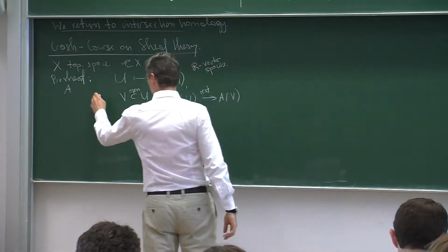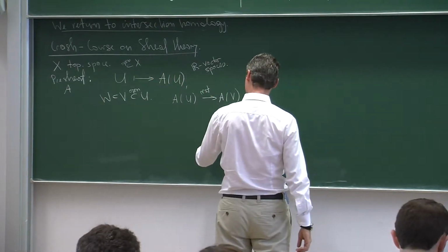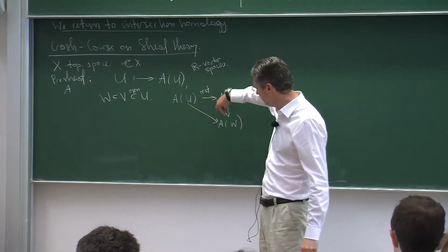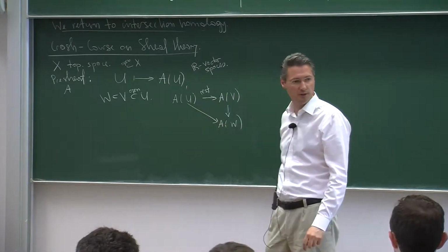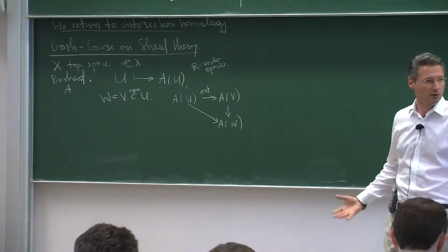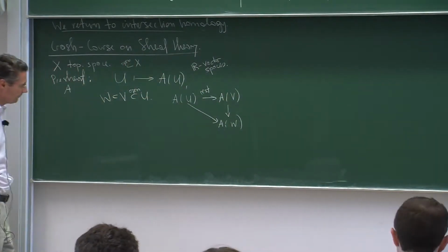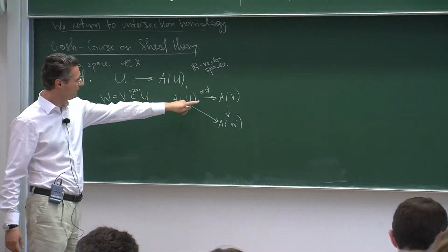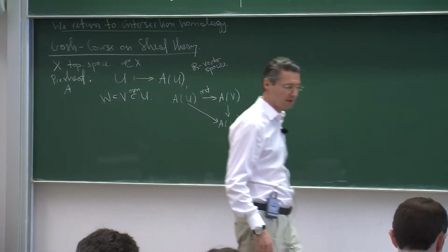But of course, there could be another set W, even smaller, also open, and then you can restrict further. On the other hand, you could immediately restrict from U down to W, so you also get this map, and of course you want this composition to be commutative, right? I mean, you want this composition to be this arrow. And also you want, of course, that if V is equal to U, then the restriction should just be the identity. So you can phrase this as a functor, but I don't need that language, right?